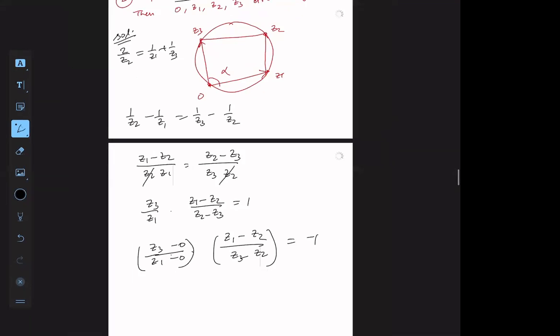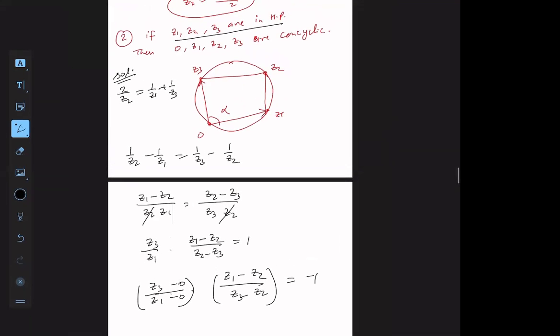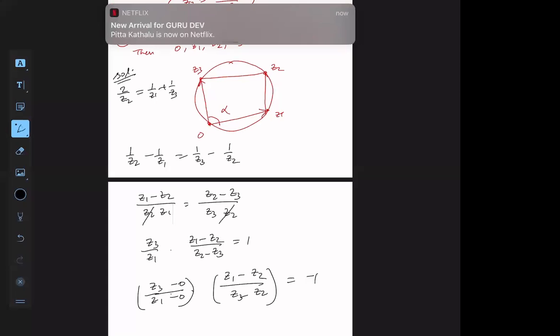So have you understood this calculation? If Z1, Z2, Z3 are in HP, then what is the relation between Z1, Z2 and Z3? It will be 2 by Z2 is equal to 1 by Z1 plus 1 by Z3. So basically you can write 1 by Z2 minus 1 by Z1 is equal to 1 by Z3 minus 1 by Z2.